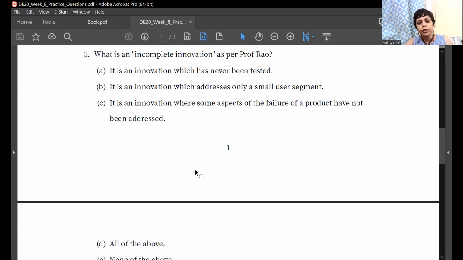So an innovation is something where you are fixing not just the flaws in the functioning or the internal working of the product, but also all the ways in which it can fail in a market, all the ways in which it can fail in its basic business model, where the users are not even buying it, or maybe it's not accessible to the users at all.